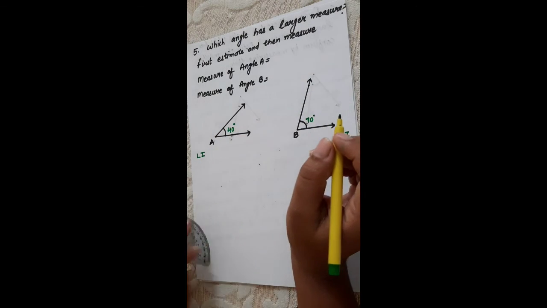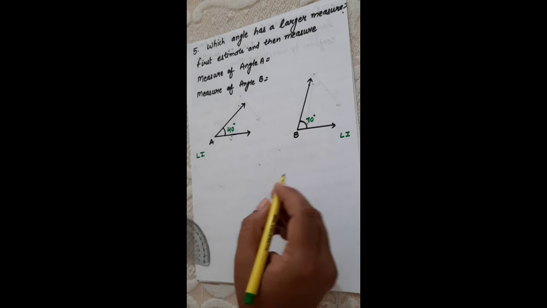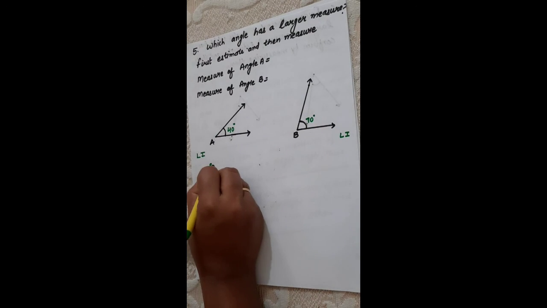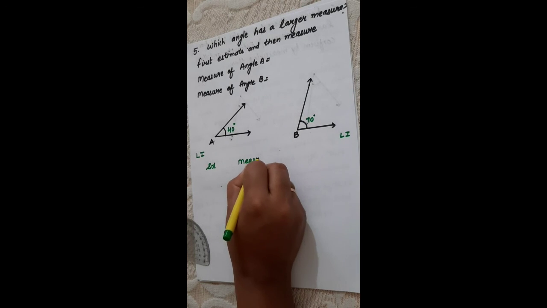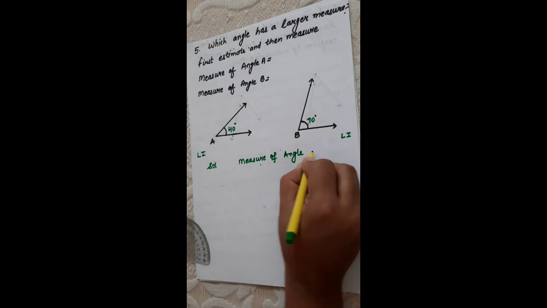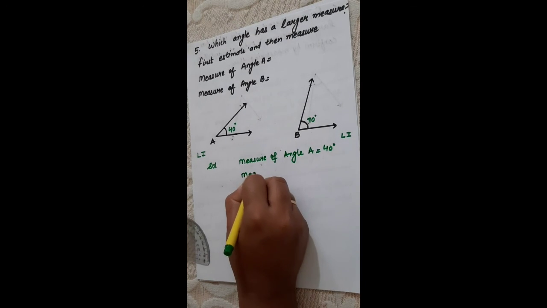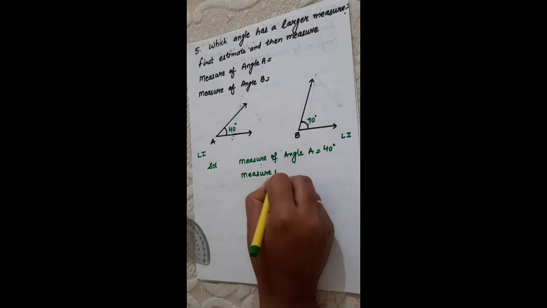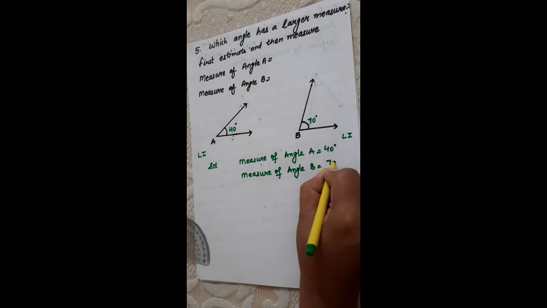I estimated that second figure is of larger measure, and when I measure it, I get, firstly I have to write measure of angle A is equal to 40 degree, then measure of angle B is equal to 70 degree.